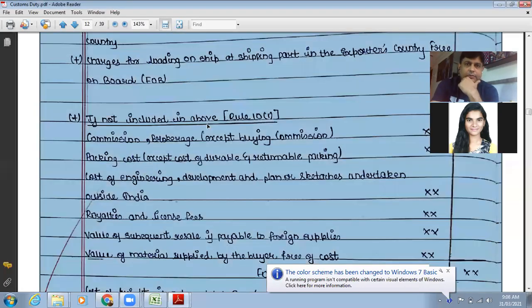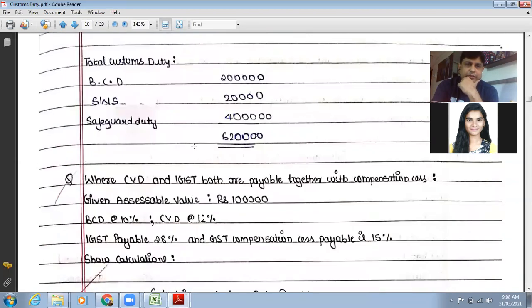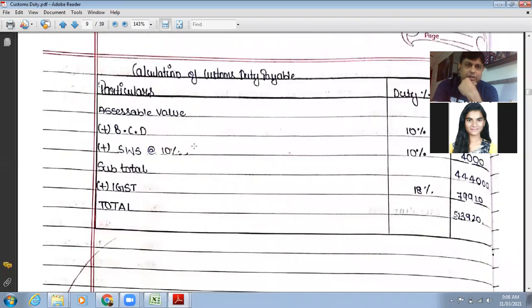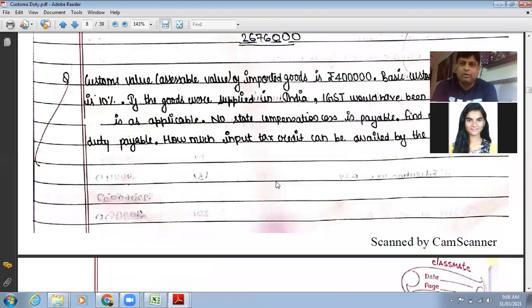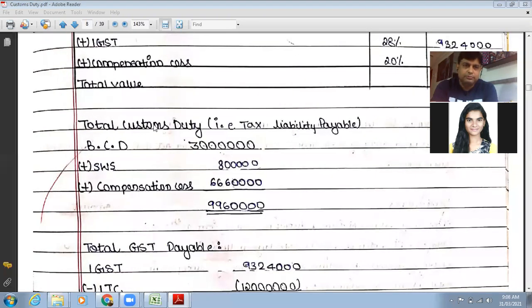Before this, we have already solved the question where the assessment value is given, how to charge the SWS or GST or basic custom duty, IGST, etc., and get the total value of goods imported, or total taxability if there is set off that has to be deducted. This kind of question we did, yes or no?